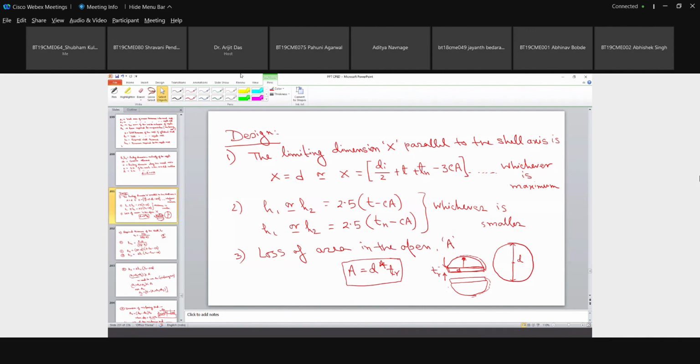So you write down the limiting values: parallel to the vessel axis, perpendicular to the vessel axis, H1, H2, it is given. Now, what is the area that we lost due to making the hole for the nozzle?